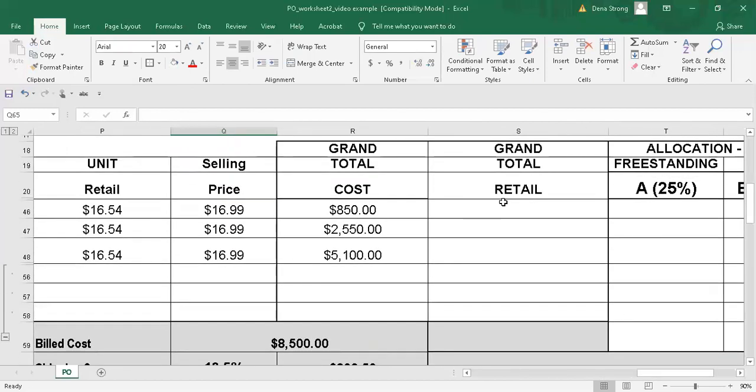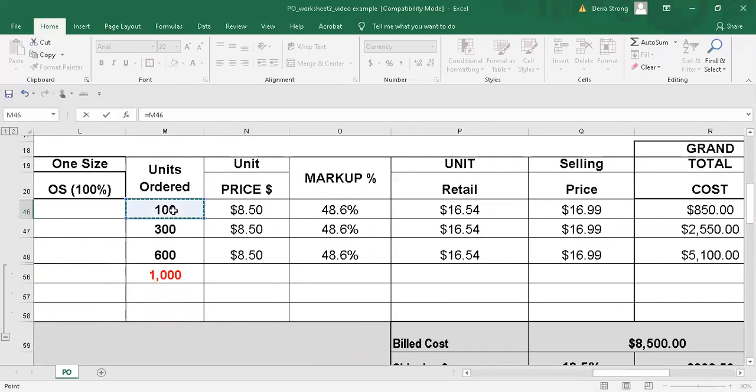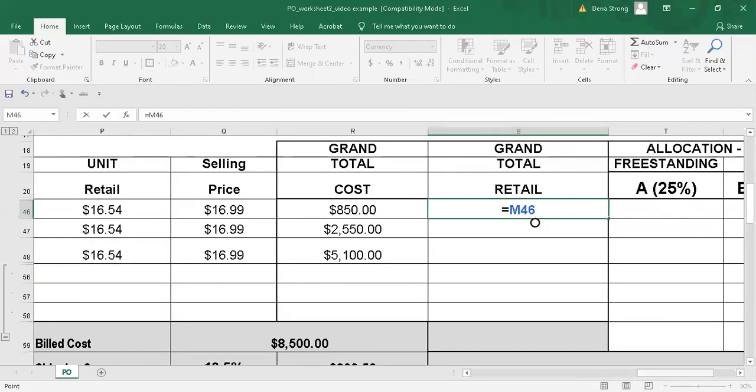All right. So here, guys, you're going to use the selling price because we are selling the merchandise at $16.99 each. So let's go back to the units. Remember, for the first one, the checkered, where we ordered 100 units times $16.99. Remember, use the selling price, enter.